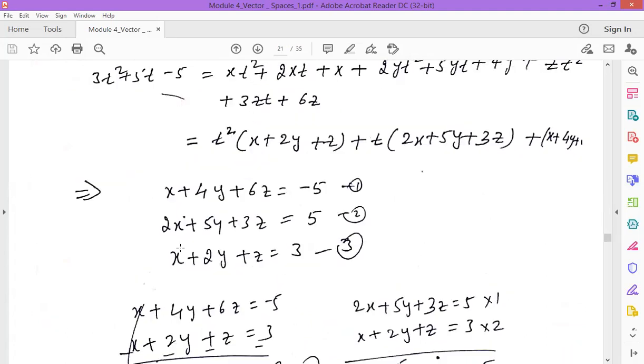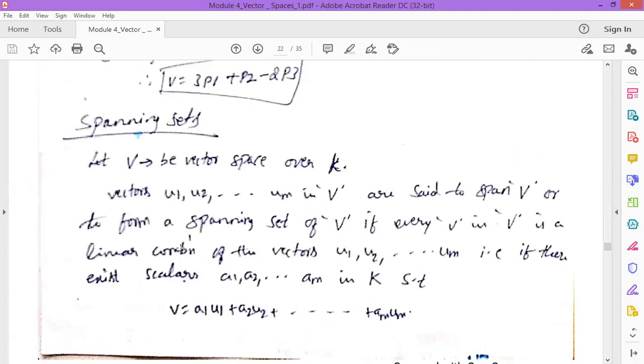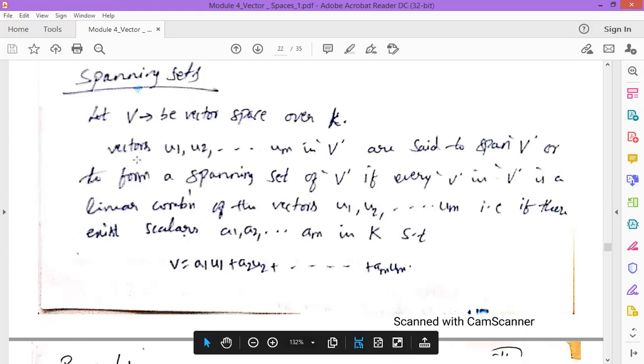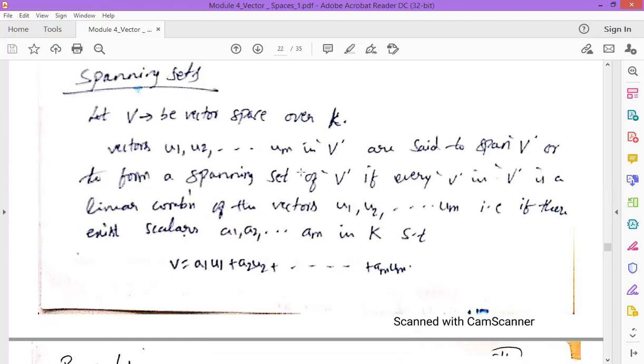Before that, we'll go with some more concepts. The next one is spanning sets. If we consider V as a vector space over K, we assume the vectors u1, u2 up to um belong to the vector space V. They are said to span the vector space V, or to form a spanning set of V, if every v in V is a linear combination of the vectors u1, u2, um.